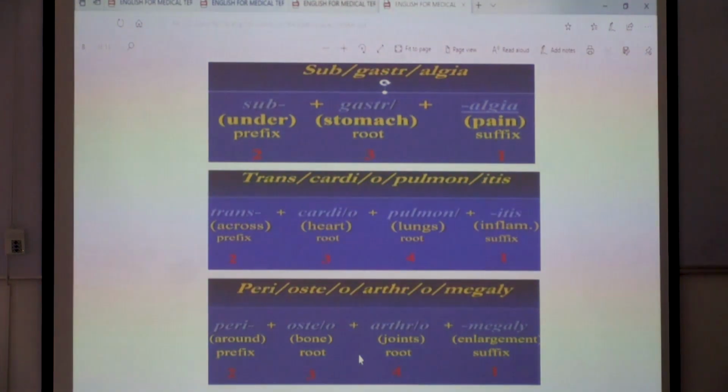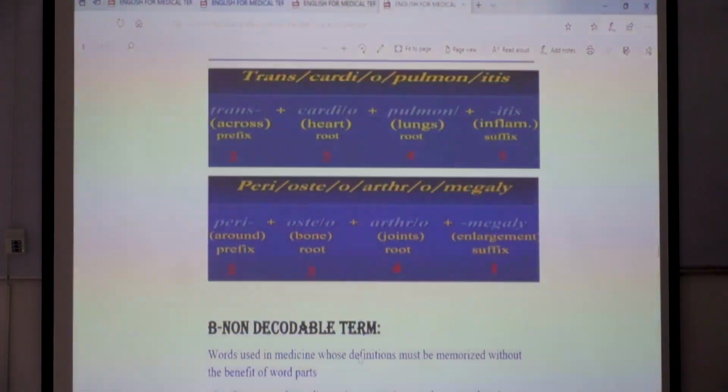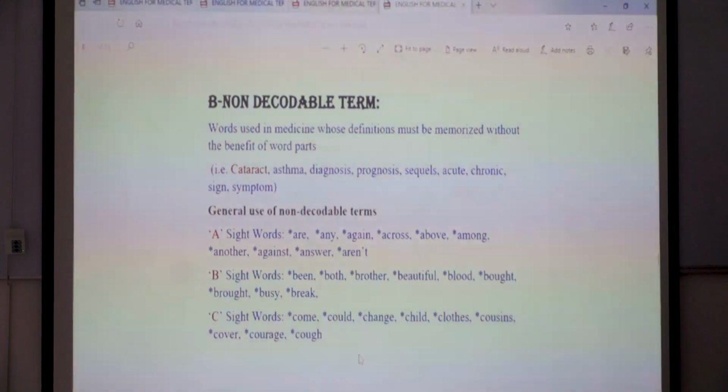So we have a combination of prefix, root, vowel, root, vowel, plus the suffix: arthromegaly. Any question? Okay, we now finish the decodable.